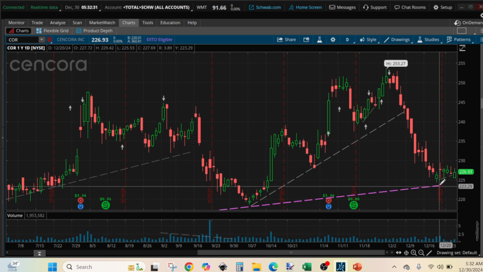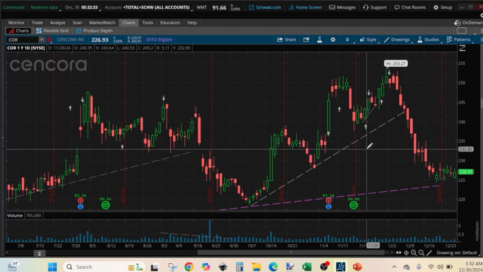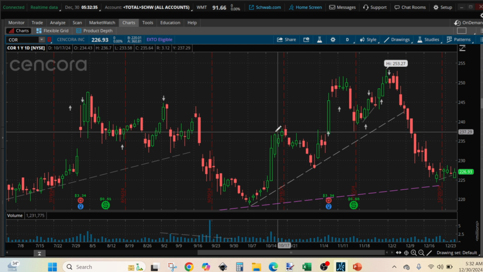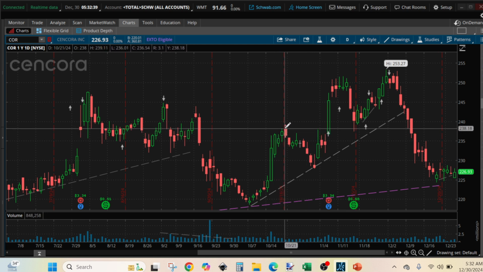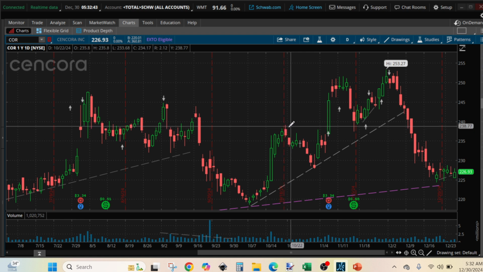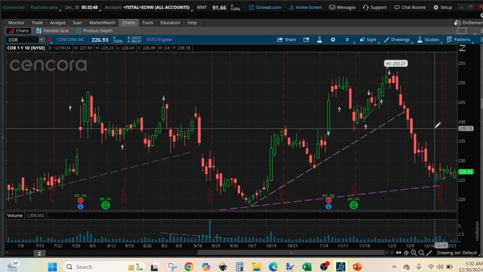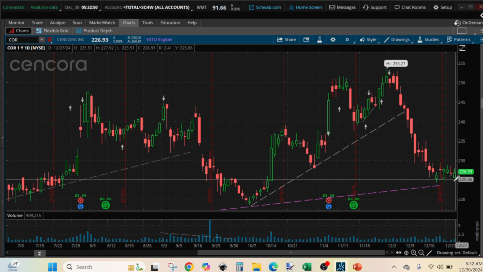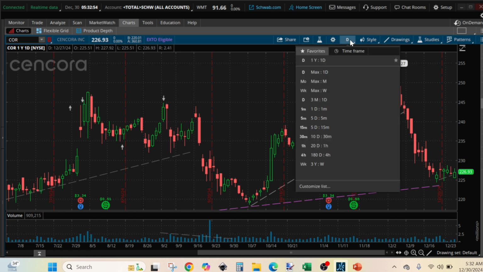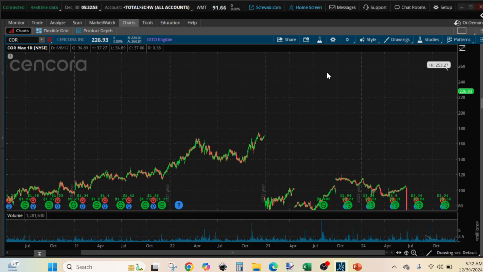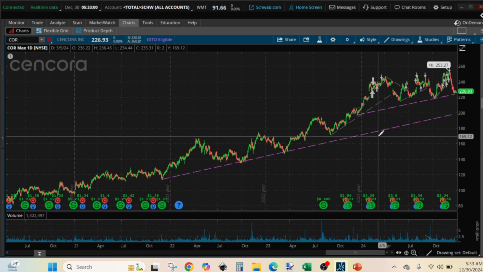Otherwise you could wait for that to start going up and surpass some previous highs for you to feel confident to enter in. It's up to you. But with the strategy that I like to try, that is the line I like to buy on.